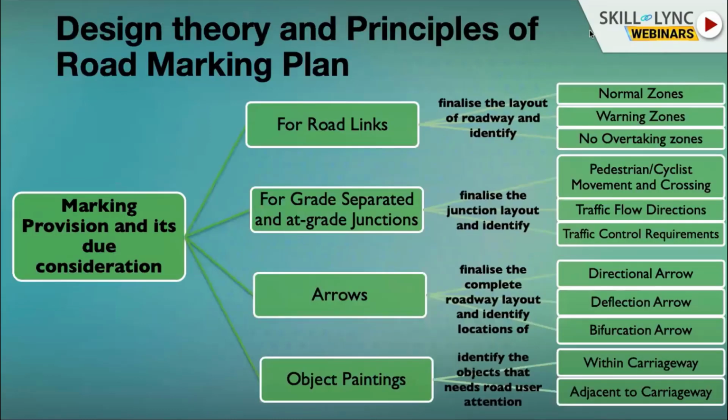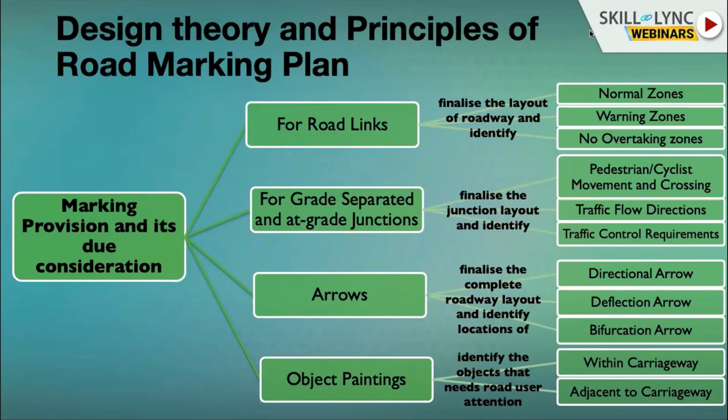What are the major design theory or the principles while preparing a road marking plan? It's mainly on the due considerations that we identify the locations and the requirement of marking provisions on those locations. Like if we have a stretch of a road, we need to identify different zones.